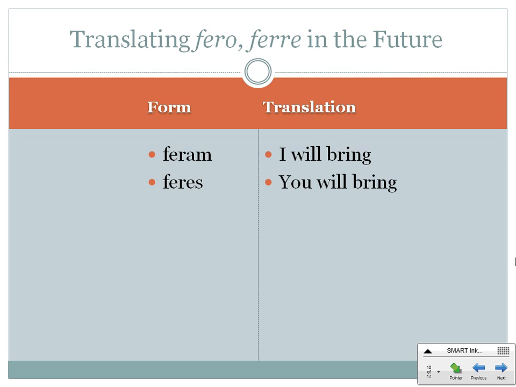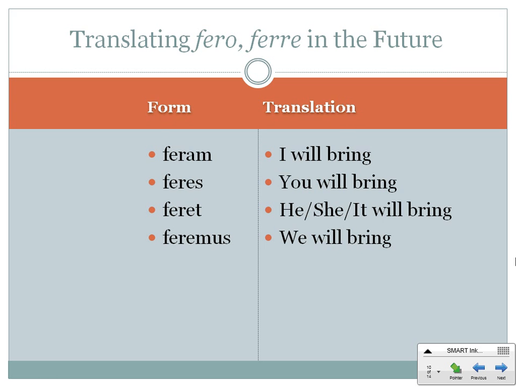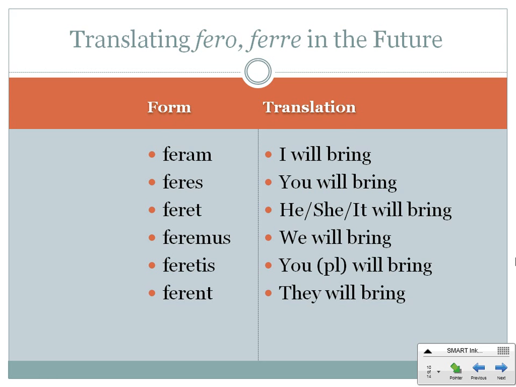Now all of fero is going to look like feram, I will bring, feres, you will bring, feret, he, she, it will bring, feremus, we will bring, feretis, you all will bring, and finally ferent, they will bring. Please remember that in the future tense, the e remains in the third person plural. It does not change to anything else as it often does in the present.